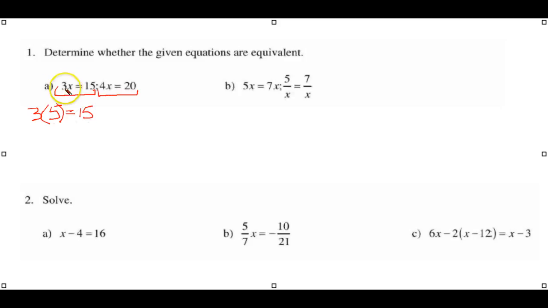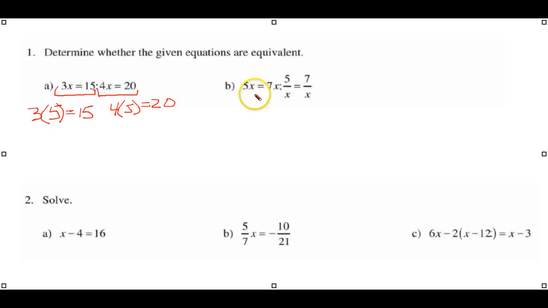So if x were 5, then this would be true. Now how about this one? If x is 5, so yes, these are equivalent because our value of x in both equations is the same.